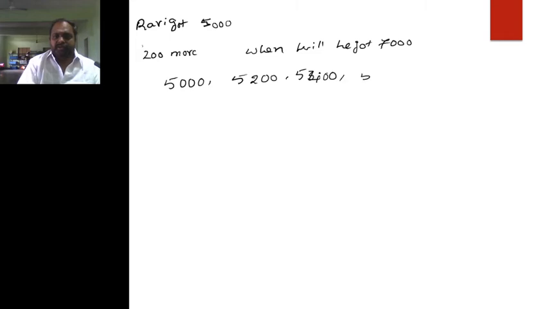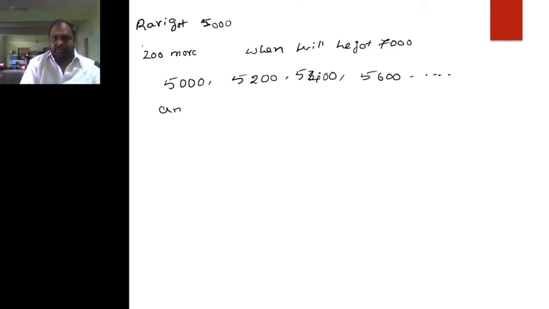That means when will he get 7,000 rupees salary? The problem is: first month salary 5,000, second month 5,200, third month 5,400, next month 5,600. So the series is in arithmetic progression.